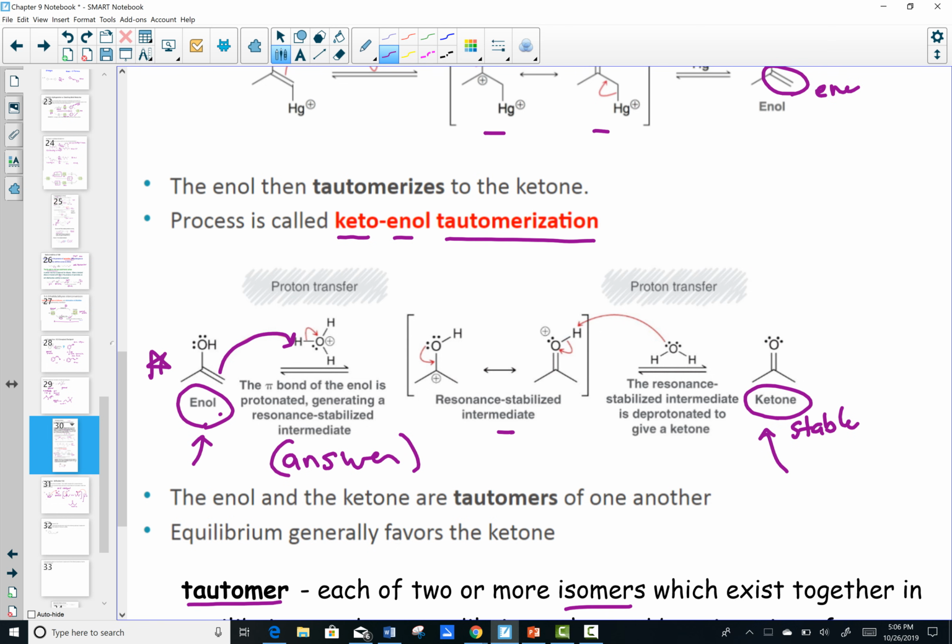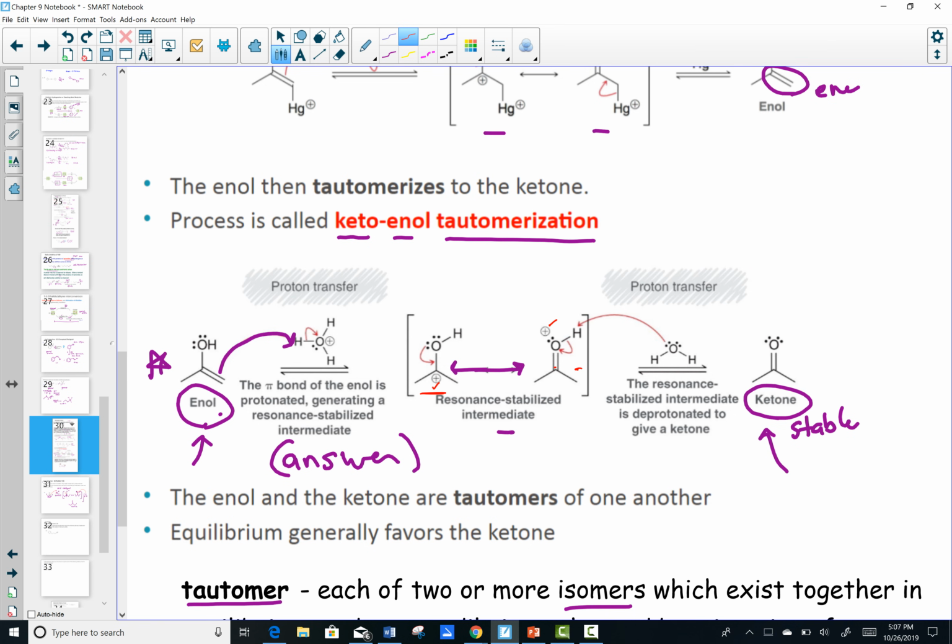Notice that these two structures are interchangeable based on the arrows that are being shown. So from this structure, I can shift a pair of electrons down, and when doing so, I create the double bond. The formal charge then moves from the carbocation up to the oxygen.